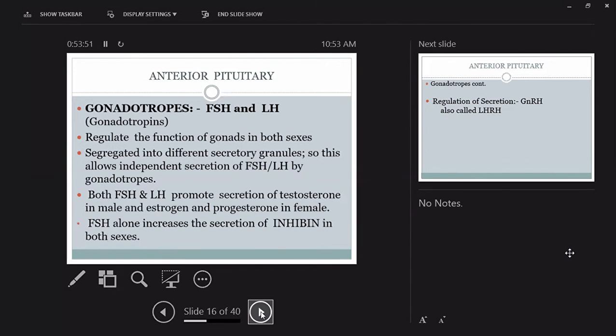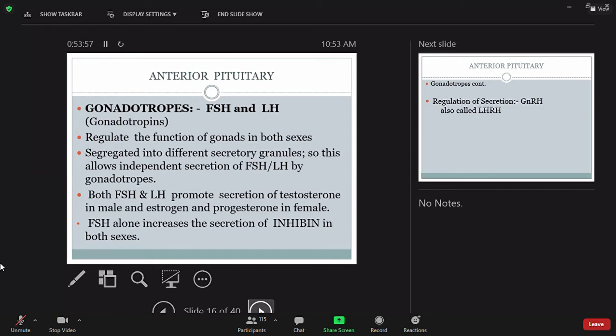FSH alone increases the secretion of inhibin in both sexes. LH doesn't participate in secretion of inhibin.